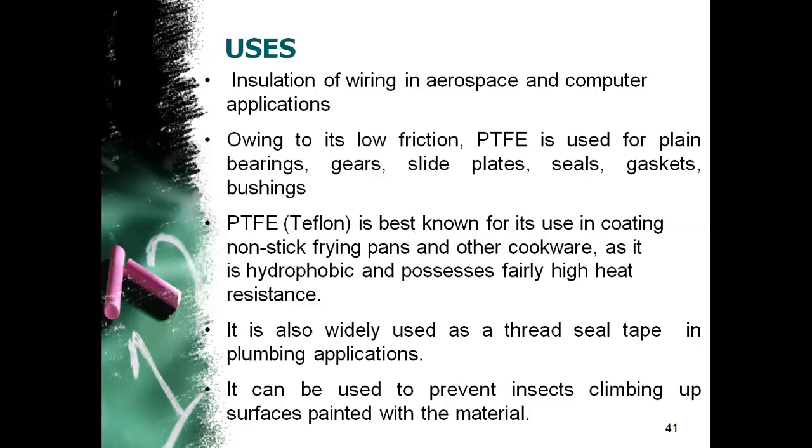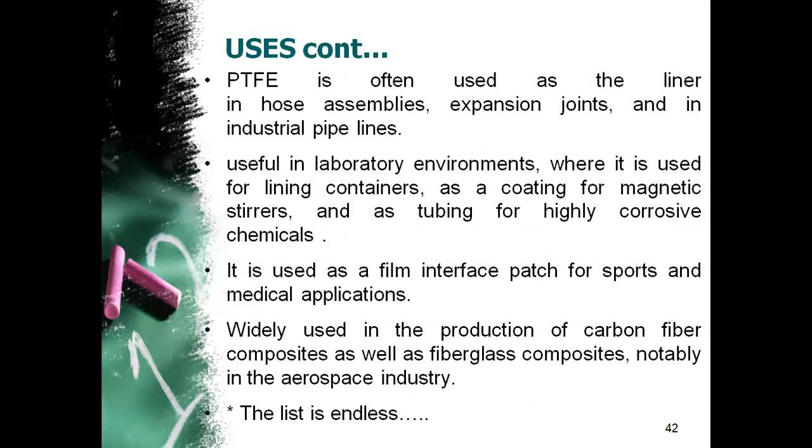Because it has a low coefficient of friction, it is used for plain bearings, gears, seals, gaskets, bushings, etc. It is best known for its use in coating non-stick frying pans and other cookwares because it is hydrophobic and it possesses high heat resistance. It is widely used as a thread seal tape in plumbing applications also. It can be used to prevent insects climbing up surfaces painted with the material.